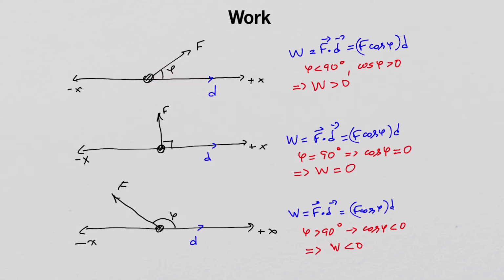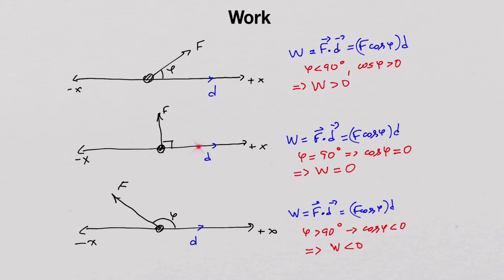So by definition, the work done by this force is the dot product between the force and the displacement, which is calculated as F cosine of the angle phi times d. When the angle phi is less than 90 degrees, then the cosine of that angle will be a positive number, which then gives us a positive value for the work done by the force.